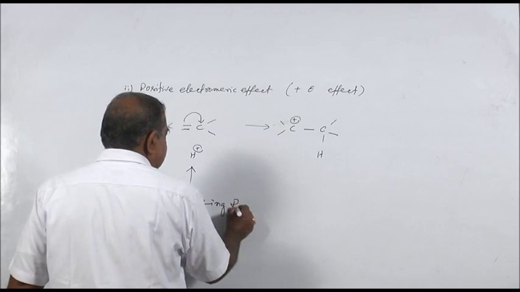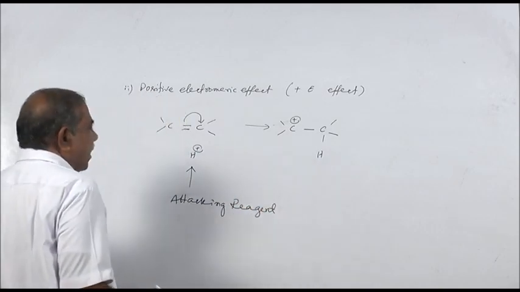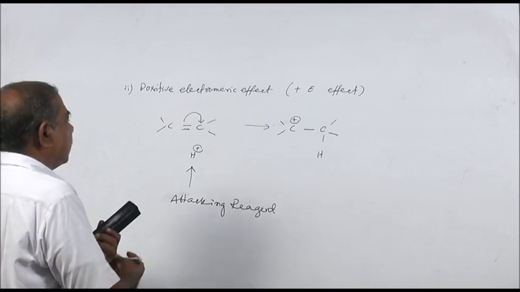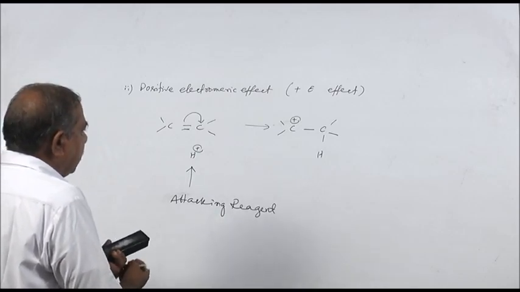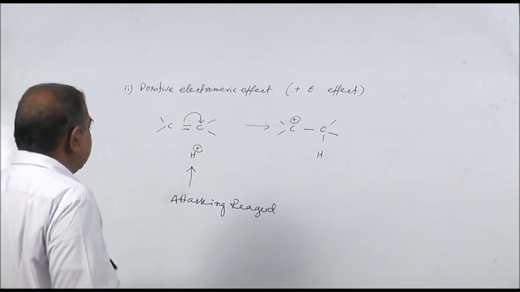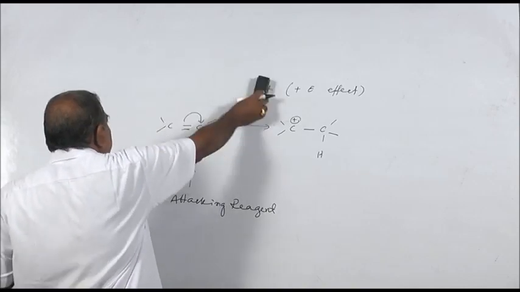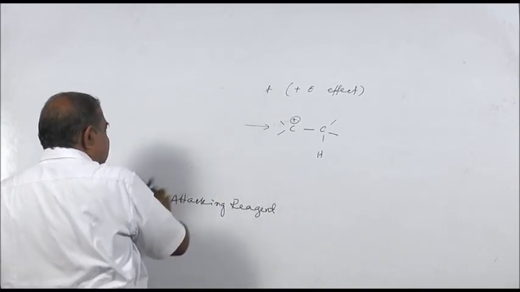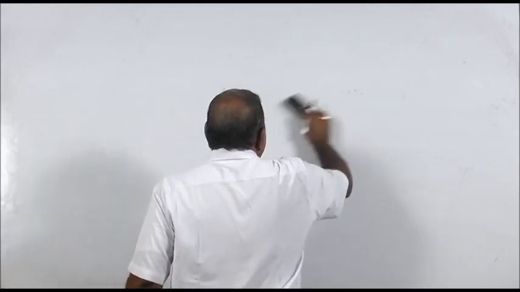Pi bond means when there is a double bond or triple bond, and the electron is shifted towards the attacking reagent, it is said to possess positive electromagnetic effect. If it is shifted away from it, as I have already given as an example in the attack of cyanide ion, then it is said to possess negative electromagnetic effect.